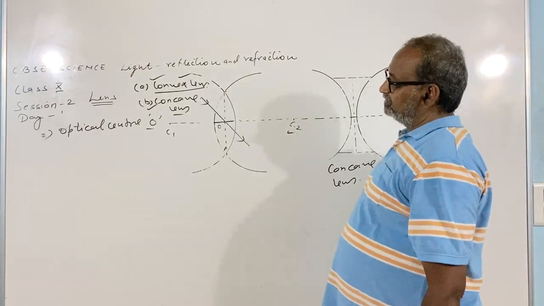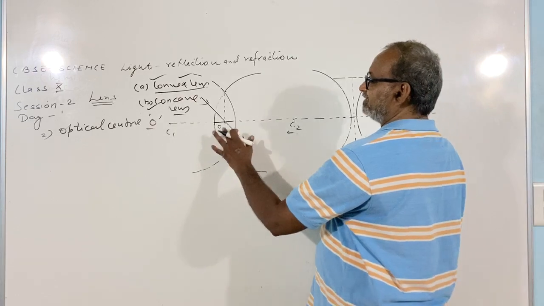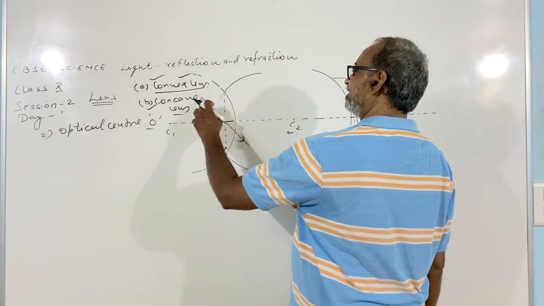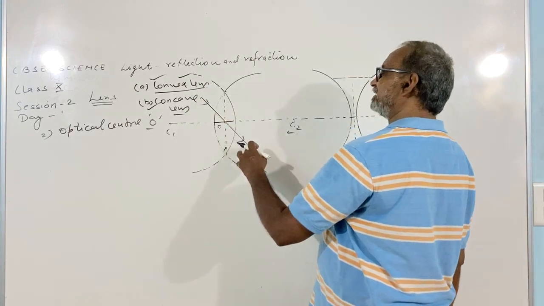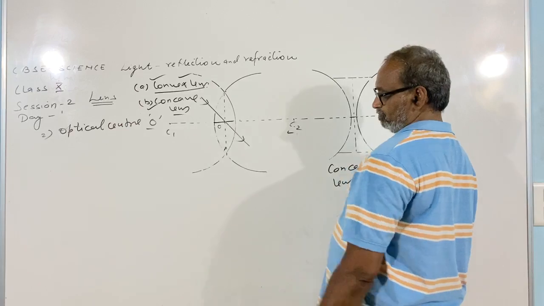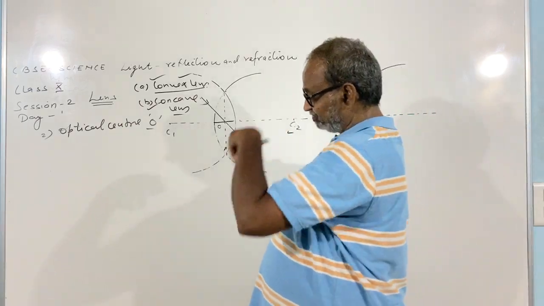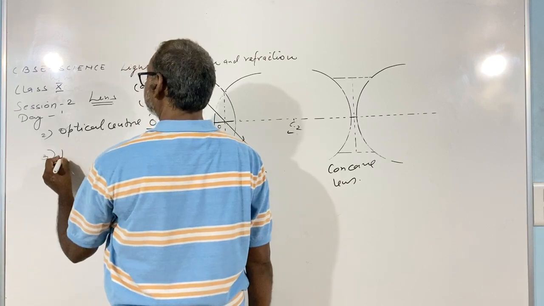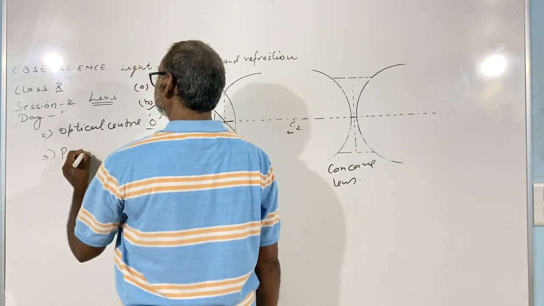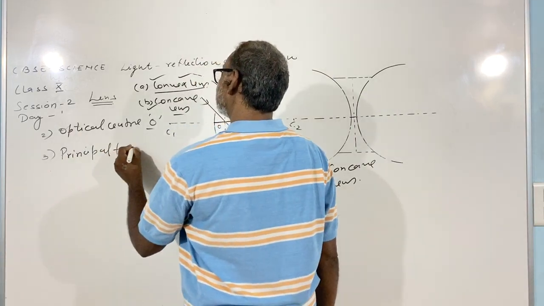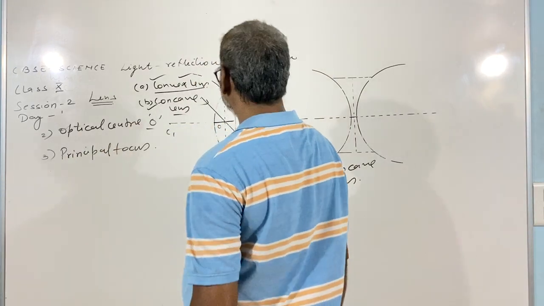So optical center is that point within the lens on the principal axis from where a ray of light passes undeviated. It is denoted by O. Principal focus.